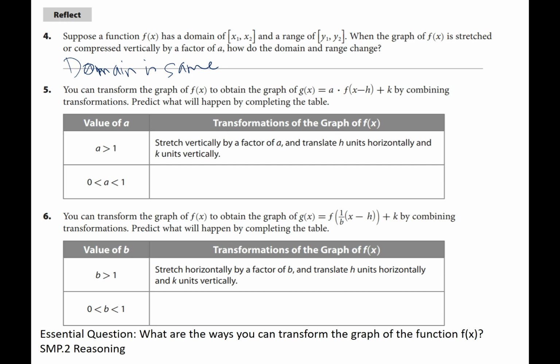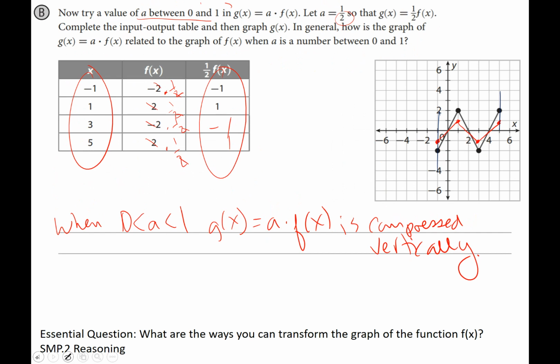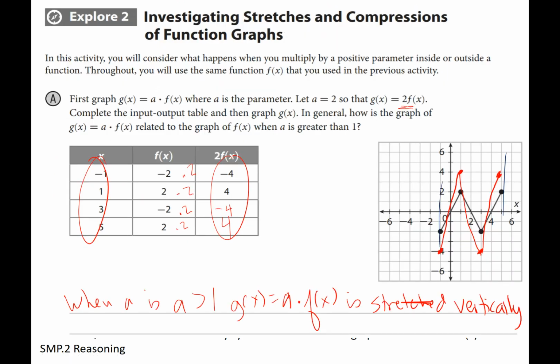All right, so now we need to examine the range. Let's see what happened to the range on those. It looks like the range went from -2 to -4 and from 2 to 4, so we're multiplying by 2, which was what our a value happened to be.